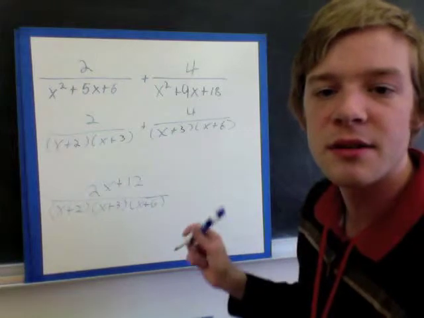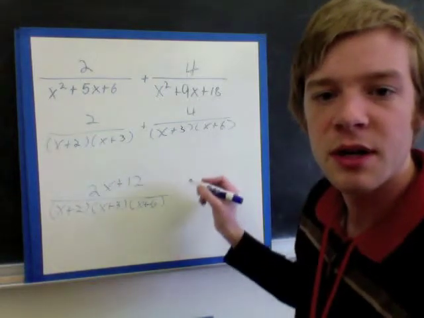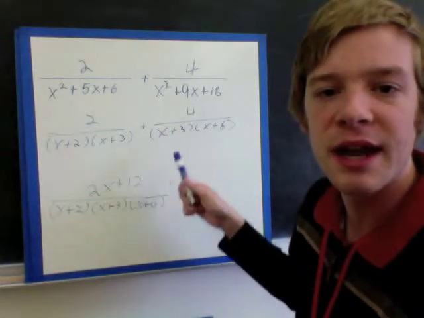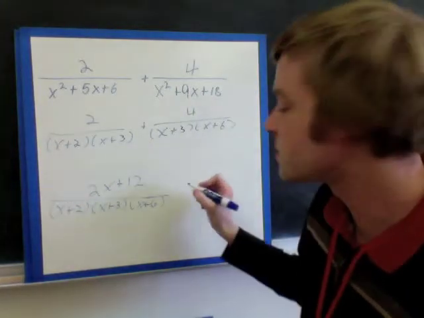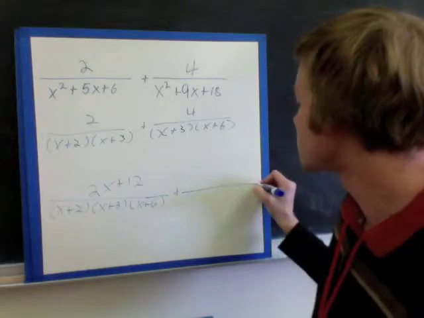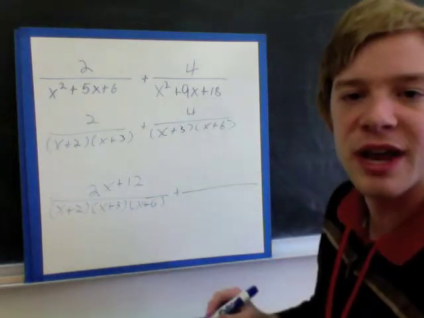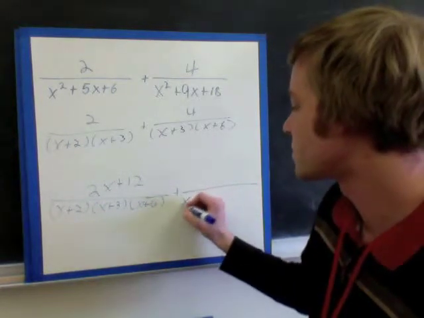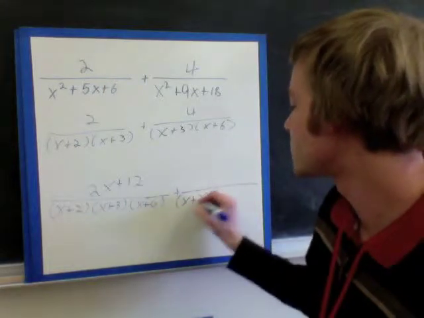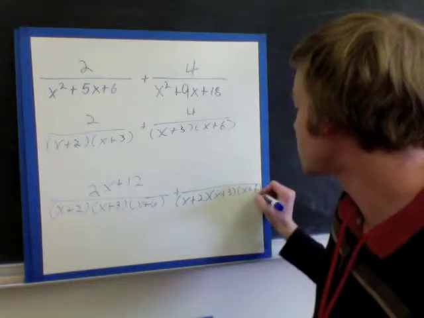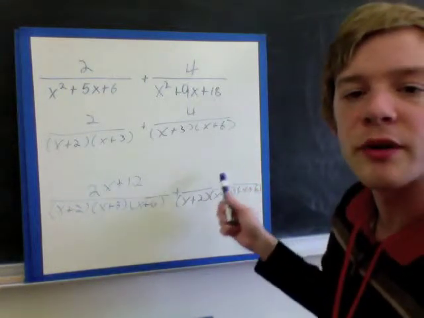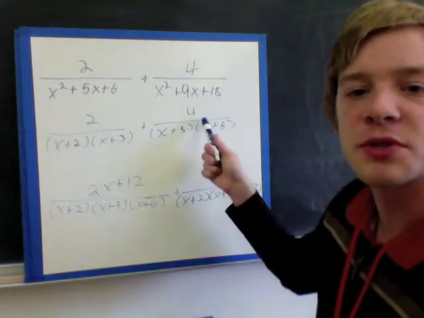In the second expression over here, I'm missing my x plus 2. So I need to multiply the top and the bottom by x plus 2. Denominators can be the same as we have over here. In the numerator, I'm just going to multiply x plus 2 times 4.